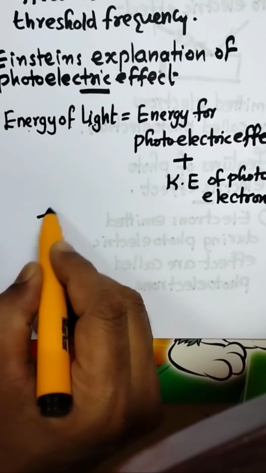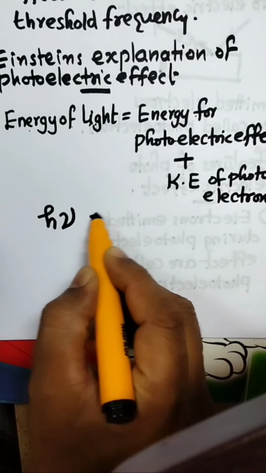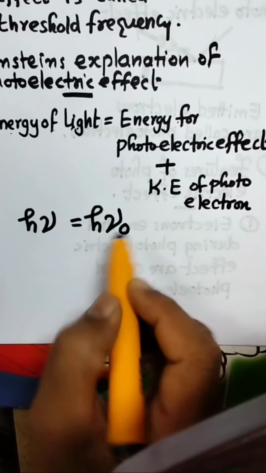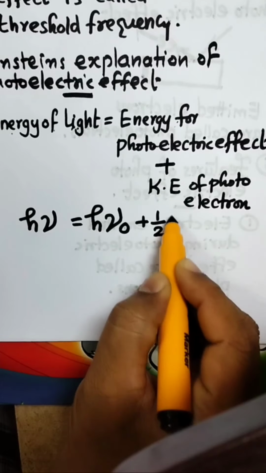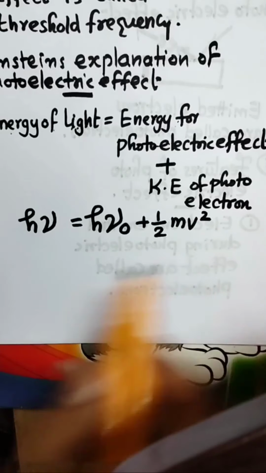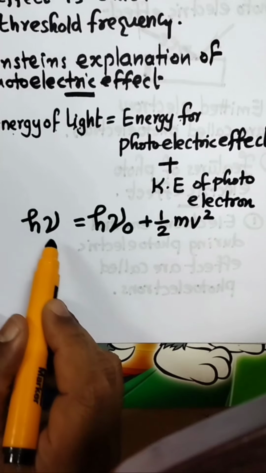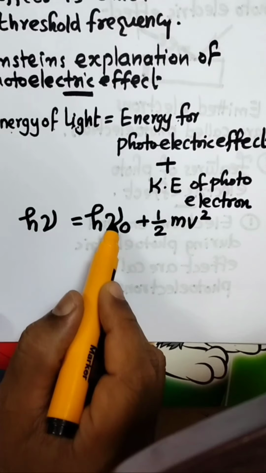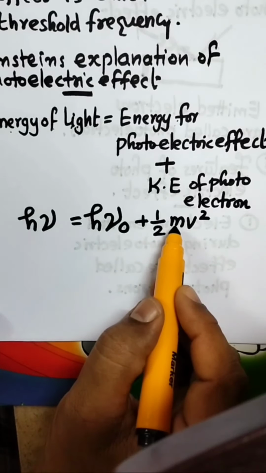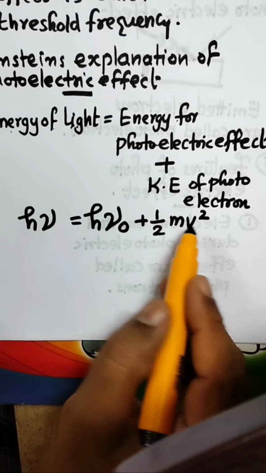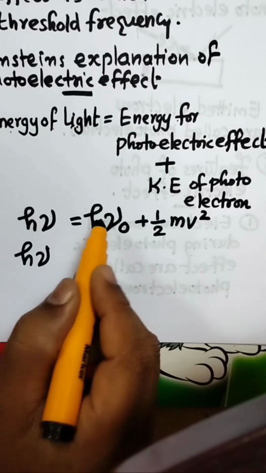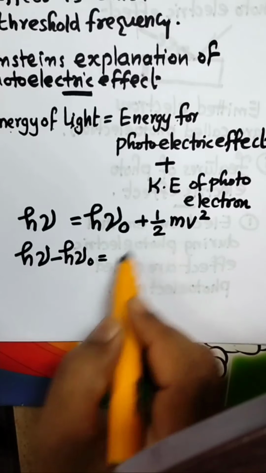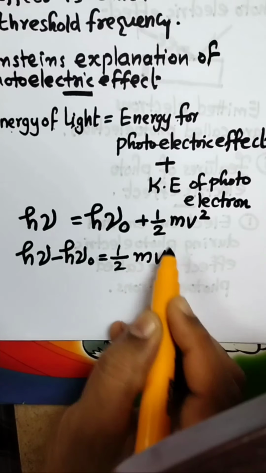Energy of light can be represented as h nu, energy for photoelectric effect as h nu 0, plus kinetic energy as half mv square. h is Planck's constant, nu is frequency of light, nu 0 is threshold frequency, m is mass of electron, v is velocity of electron. h nu, this h nu 0 on the left hand side becomes minus h nu 0, equal to half m v square.